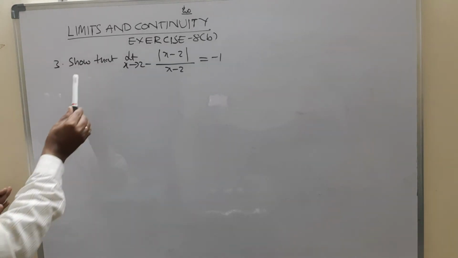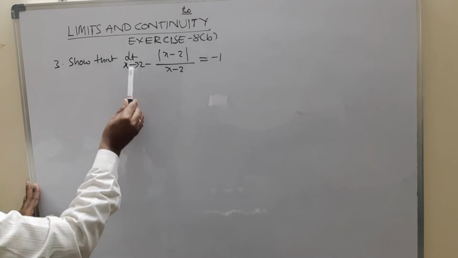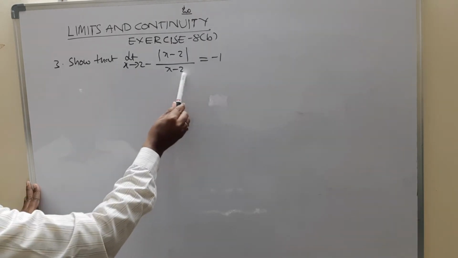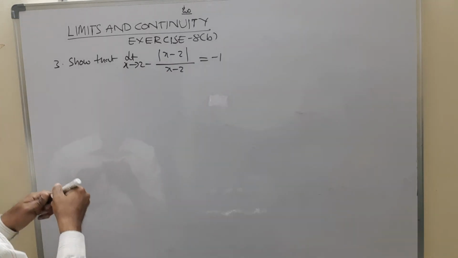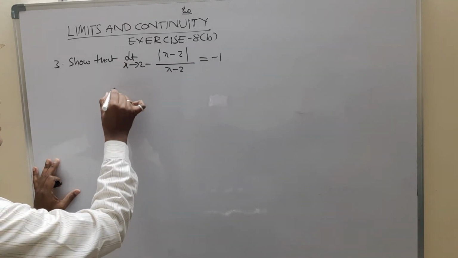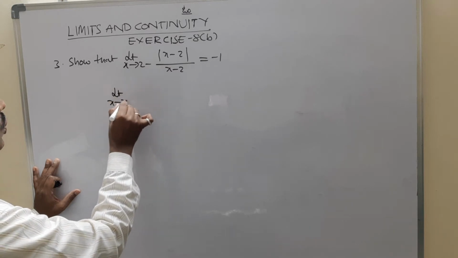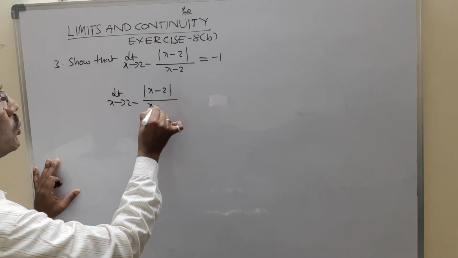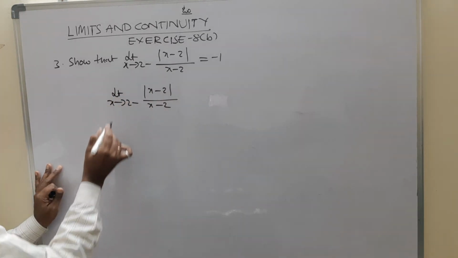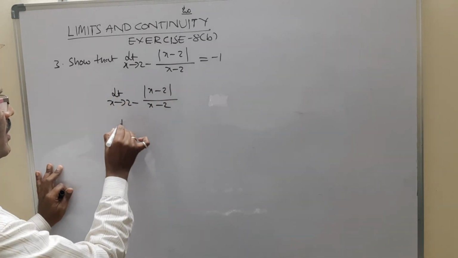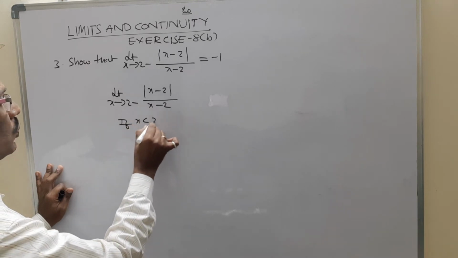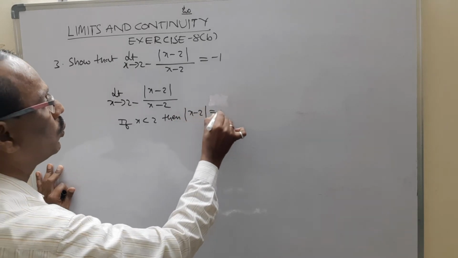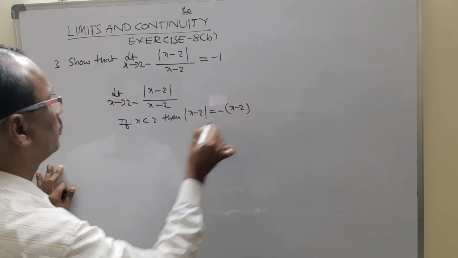Question number 3: show that limit x tends to 2 minus modulus of x minus 2 by x minus 2 is equal to minus 1. Here the given limit is x tends to 2 minus. That means if x less than 2, then modulus of x minus 2 is equal to minus of x minus 2.